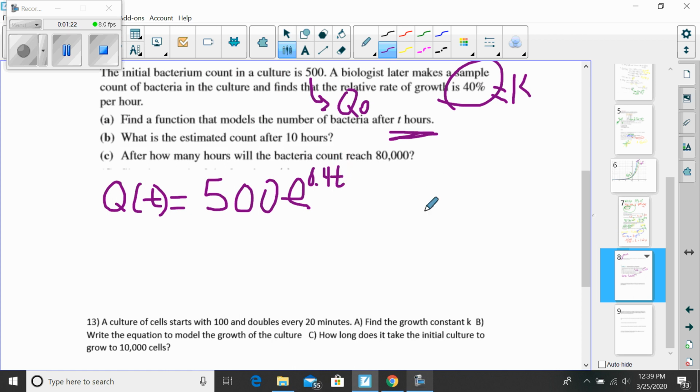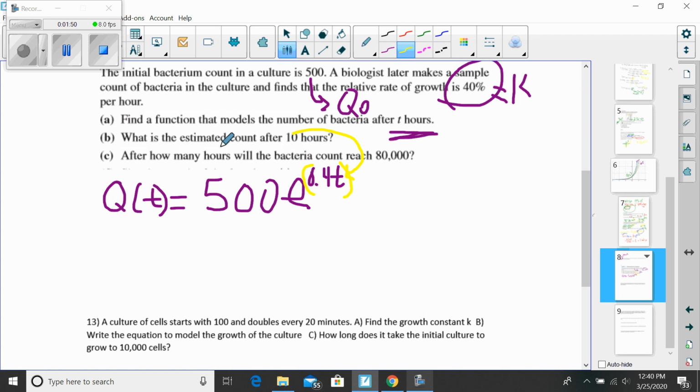Okay, meaning that letter B should be very easy. And letter B, we want the count after 10 hours. Put a 10 here. Again, when you enter on your calculator, make sure you put this in parentheses, right? So when you raise E to something, you better have the 0.4 times 10, which again, I hope you're not using your calculator. 0.4 times 10 is 4.